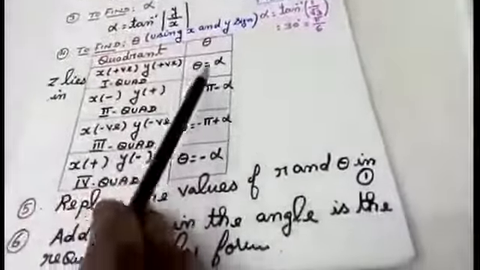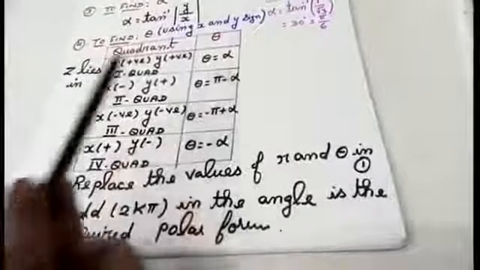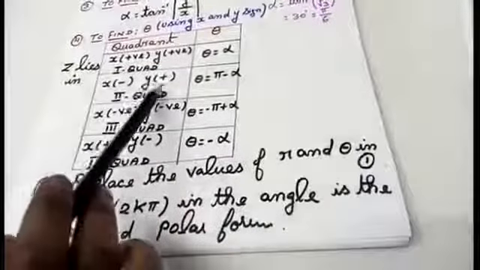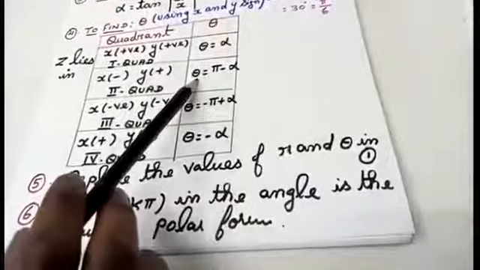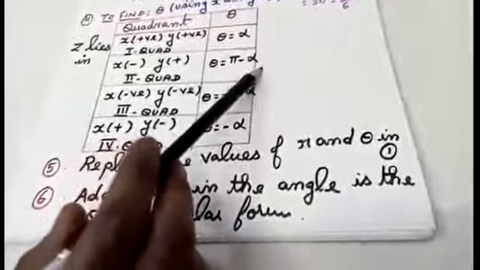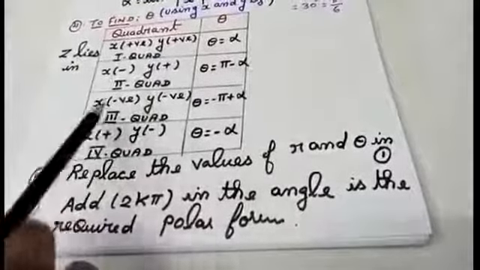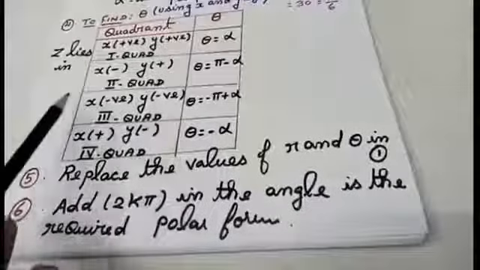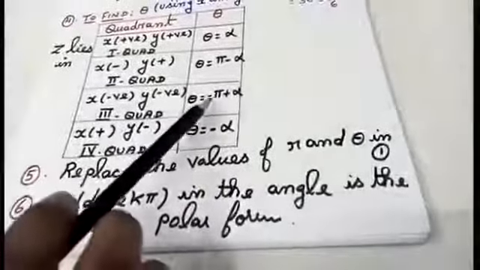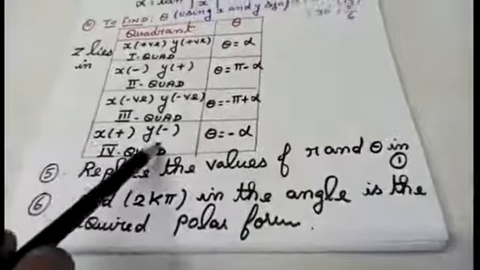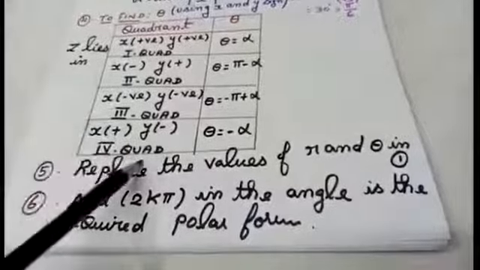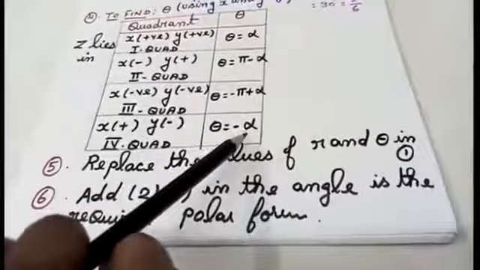If x negative and y positive, z lies in the second quadrant, then I will write theta equal to pi minus alpha. If x and y both are negative, z lies in the third quadrant, theta equal to minus pi plus alpha. If x positive, y negative, z lies in the fourth quadrant, that is theta equal to minus alpha, students.